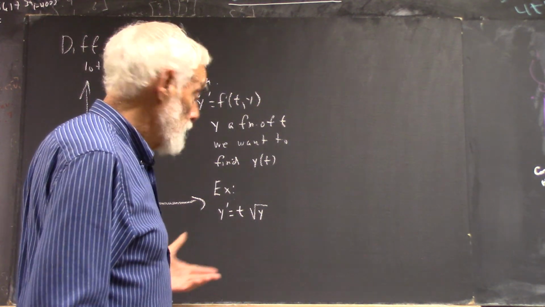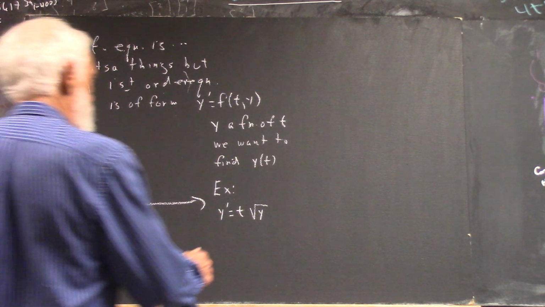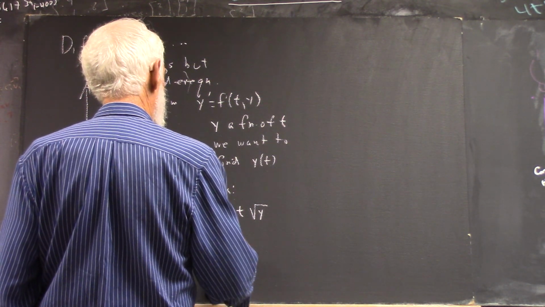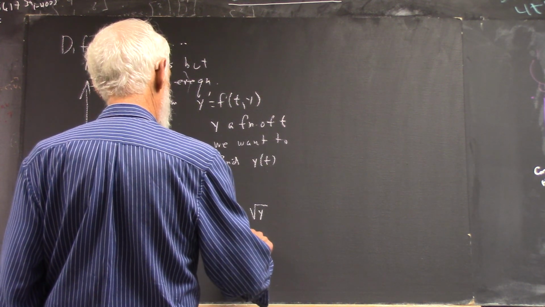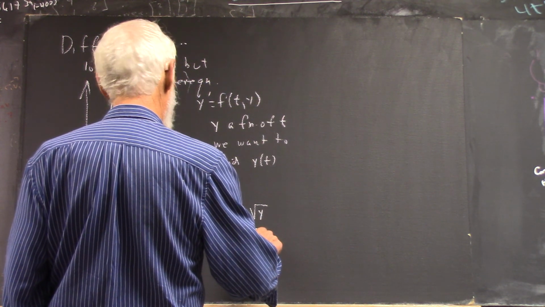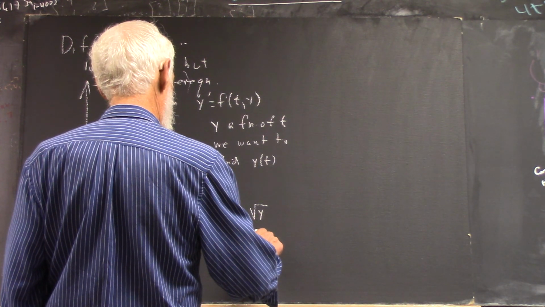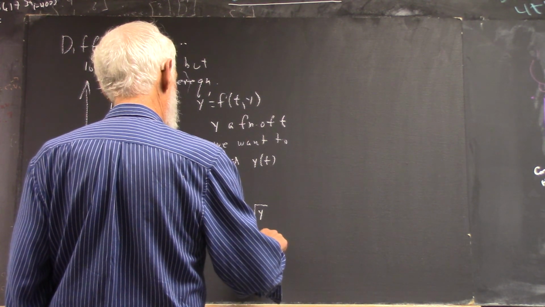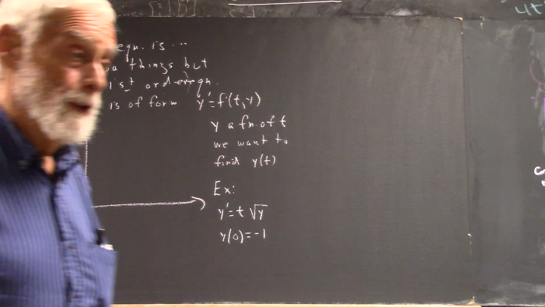Okay? So we've got y prime equals t square root of y. And we're going to say that y of 0 equals, let's say, -1. Okay?